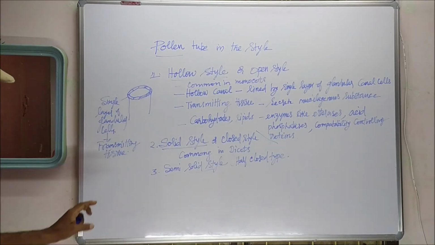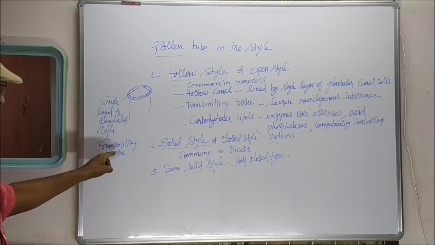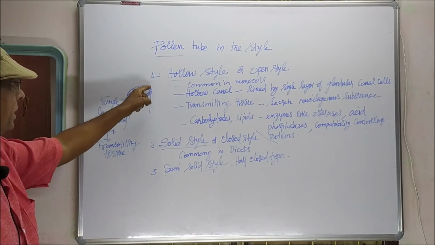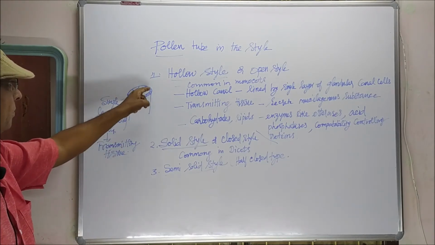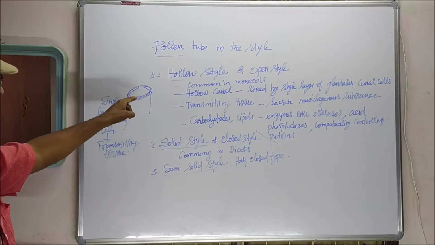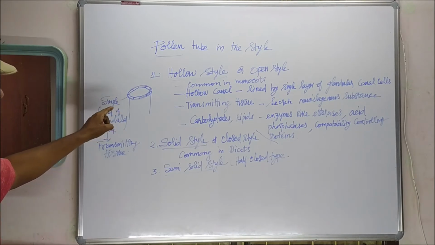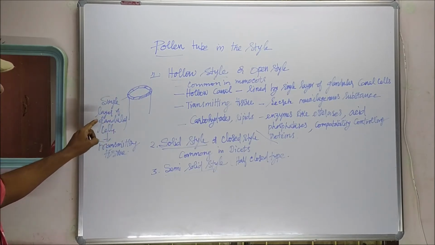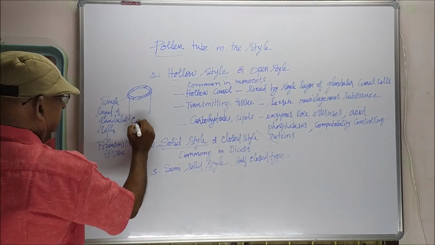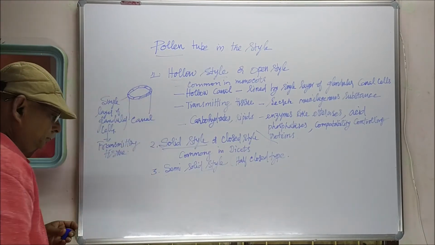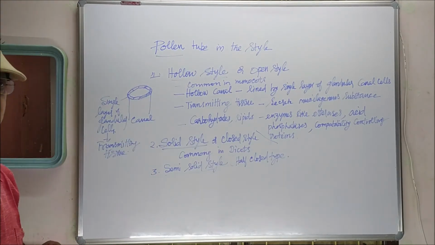The transmitting tissue is a single layered one that is stuck on the wall of the style. It consists of glandular cells, glandular canal cells. And this is a special type of tissue, transmitting tissue.